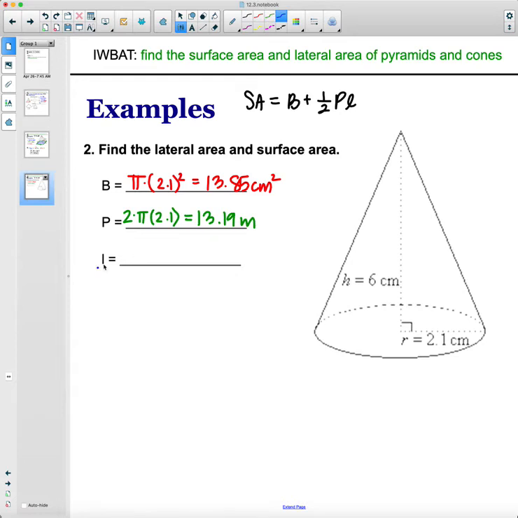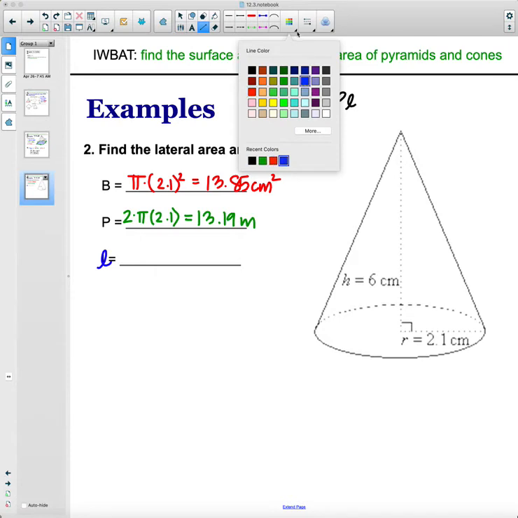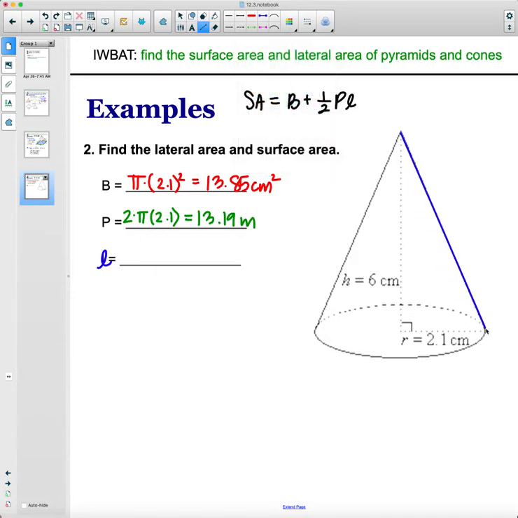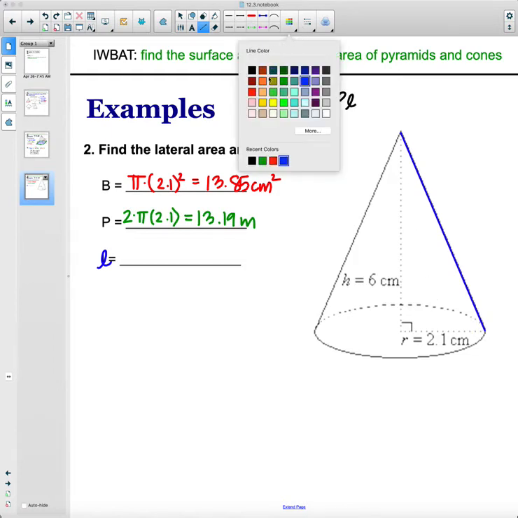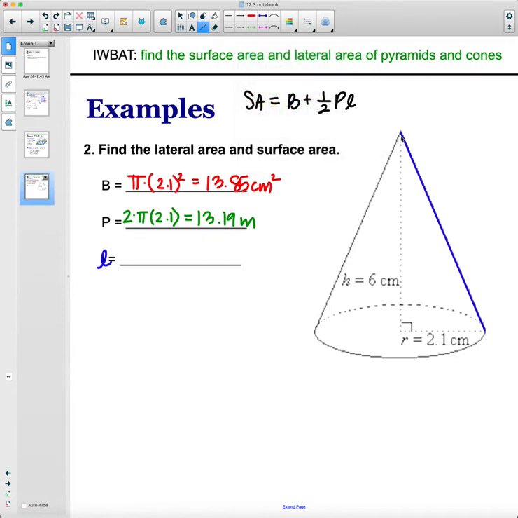And then we need the slant height. Okay, so the slant height, again, is the slanted height, right? Like it's the slant or the diagonal to the base here. Okay, so in this case, we don't have it given to us, but we do have the height and the radius given to us that make a triangle with the slant height. So we can do the Pythagorean theorem to find this slant height. So the x is the hypotenuse, so we'd have x squared equals 6 squared plus 2.1 squared.